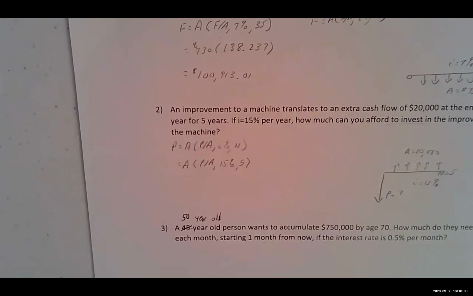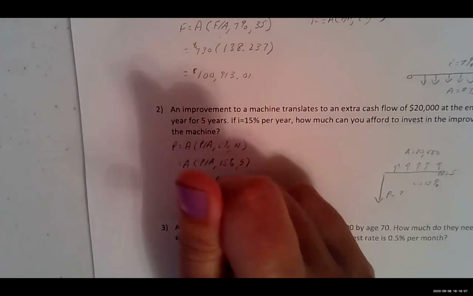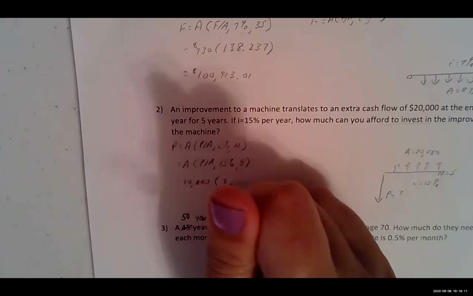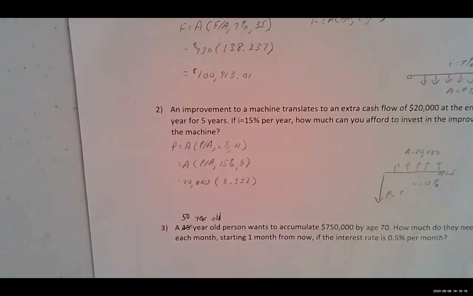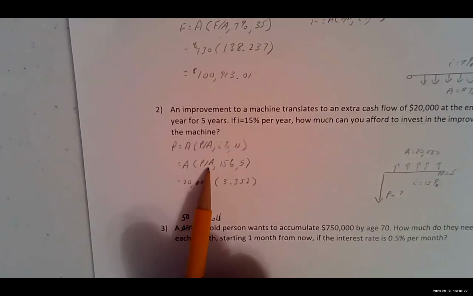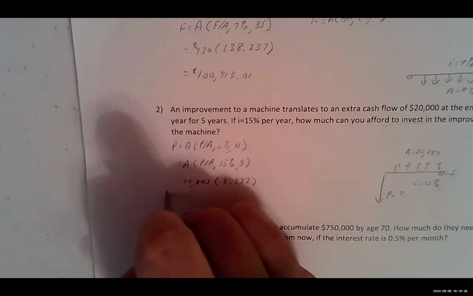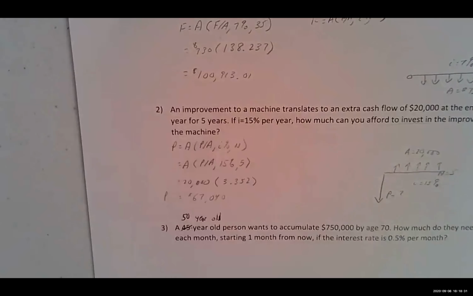So I have my $20,000 for my annualized amount multiplied by 3.352. That's the factor I found in the compound interest table at 15% for 5 years, finding the present given an annuity. Multiply that out, and I have a present value equal to $67,040.